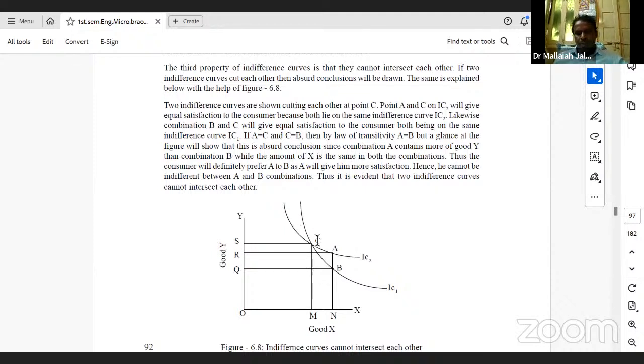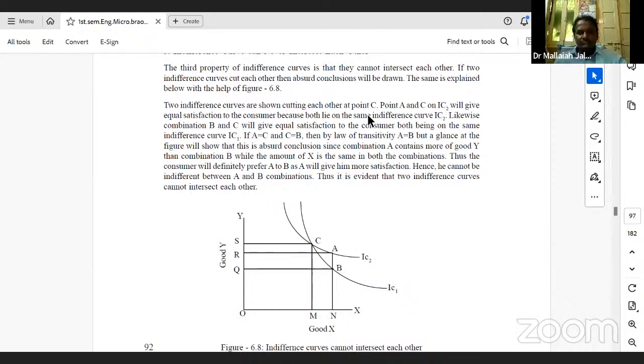That is clear. But observe after they intersect each other: IC2 is above and IC1 is below. Earlier, in this upper part, IC1 is above and IC2 is below. But when we come to this point, IC2 is above and IC1 is below.